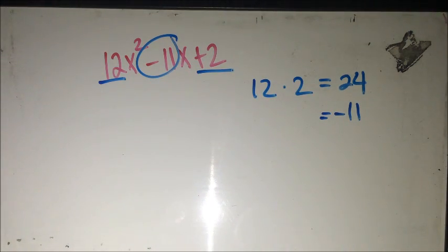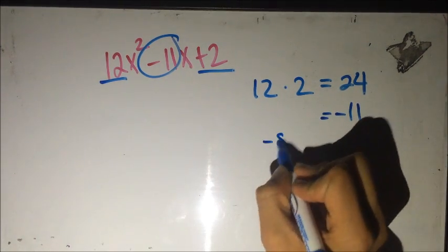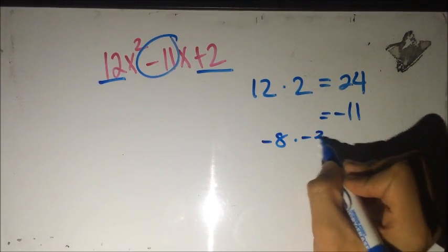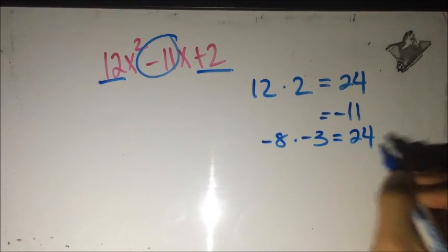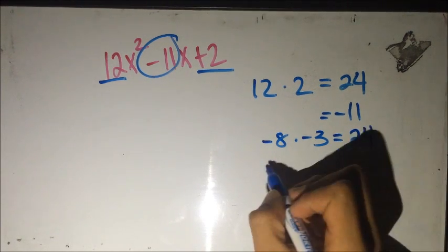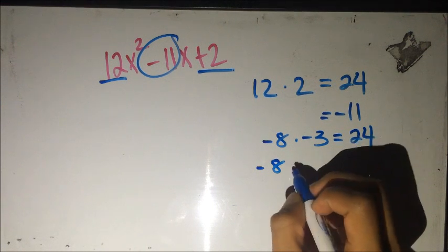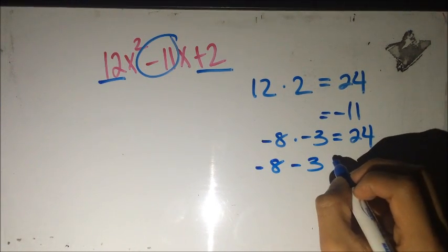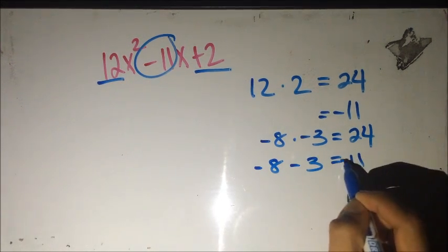In this case, it'll be negative 8 times negative 3 equals positive 24. Negative times a negative equals a positive. Now we do negative 8 minus 3 equals negative 11.